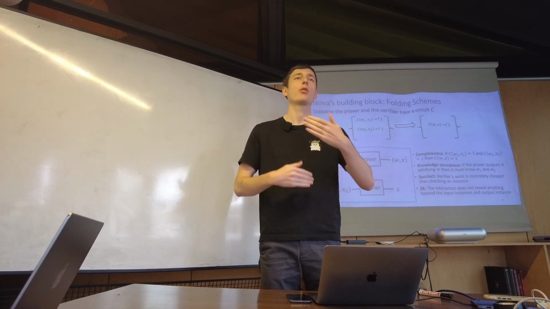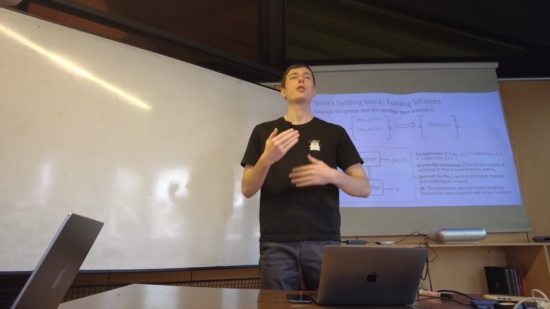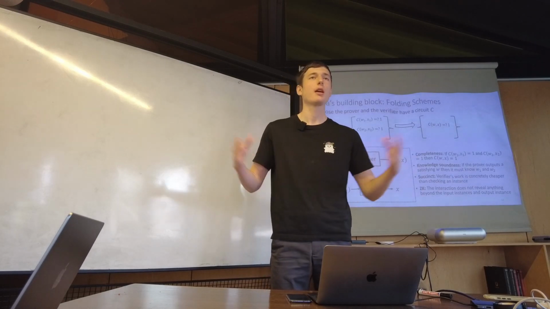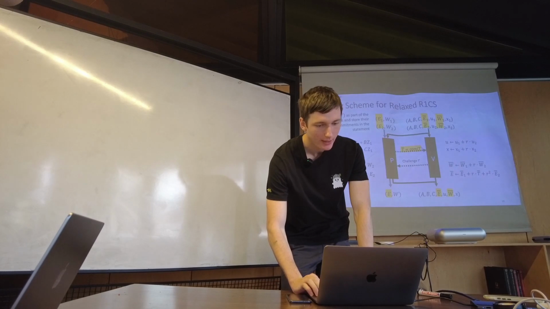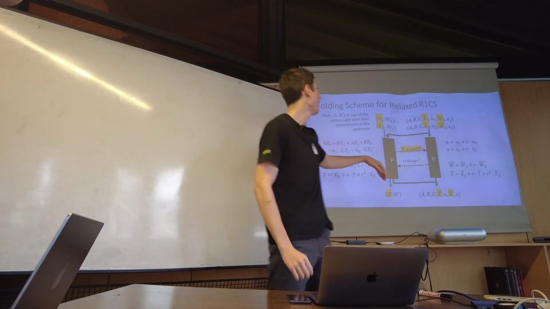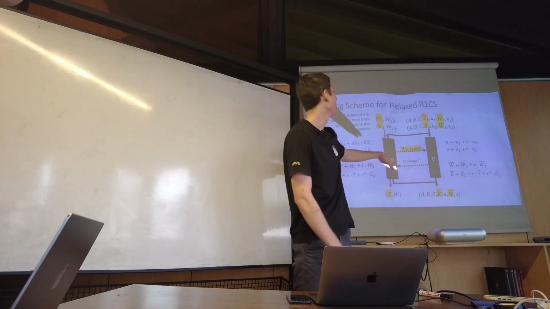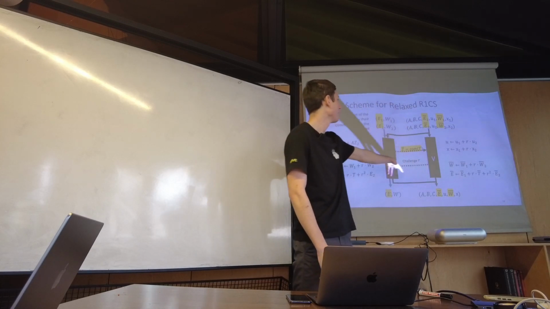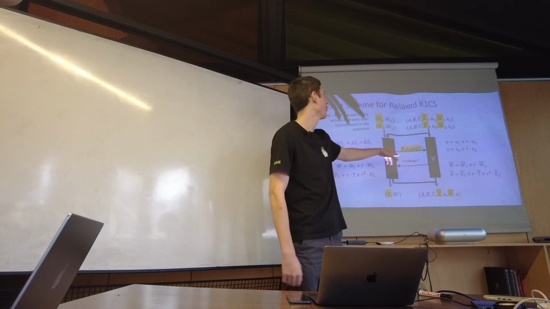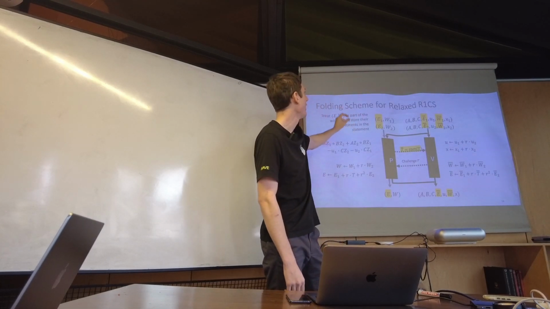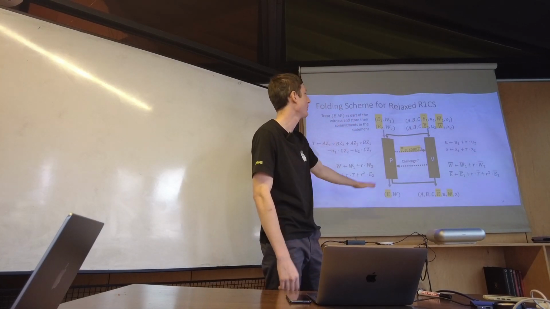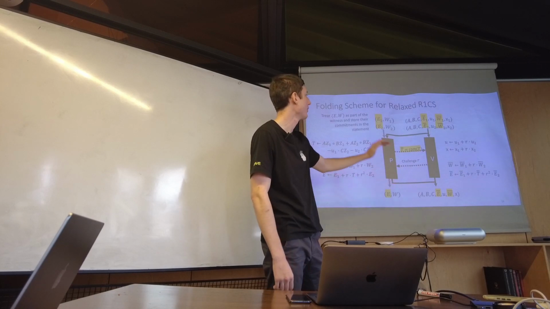You use the Fiat-Shamir heuristic to sample random coefficients, and so you can combine them all, and basically then this is what we just saw. The challenge here is generated via the Fiat-Shamir heuristic. You can combine instances 1 and 2 and witnesses 1 and 2 into the final witness, the final instance.